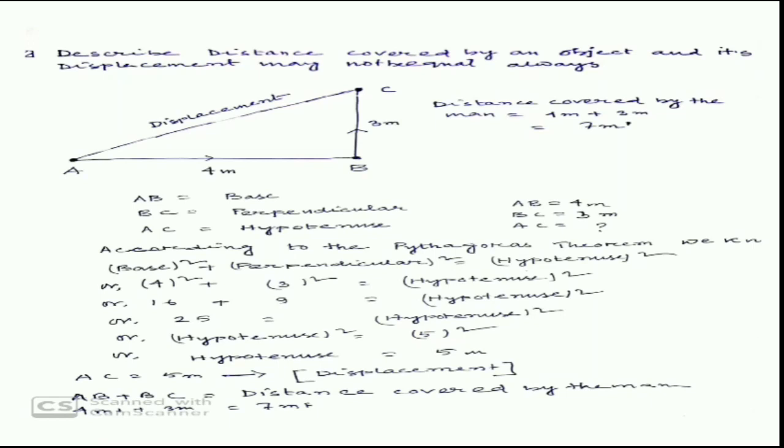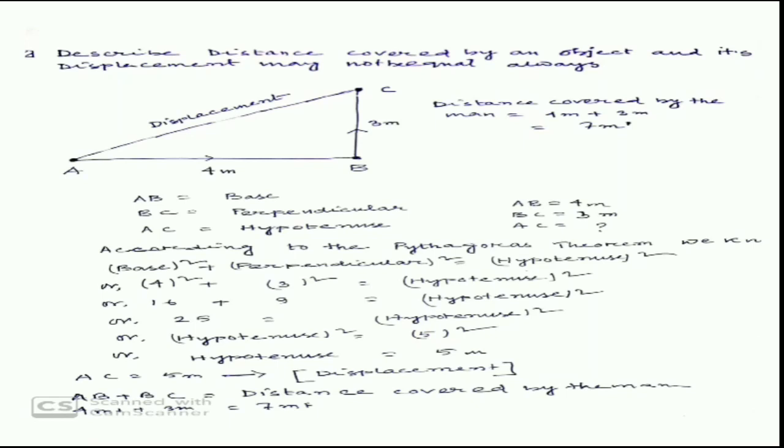Okay. So according to the Pythagoras theorem, we know base square plus perpendicular square is equal to hypotenuse square, isn't it? So we know the value of base and perpendicular. Here base is equal to AB and the value of AB is equal to 4 meter, and BC is the perpendicular here, and the value of the BC is equal to 3 meter, isn't it?